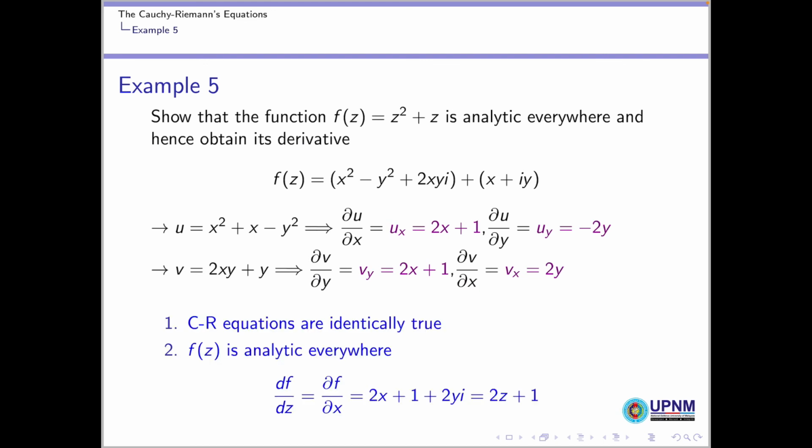So we can conclude that the CR equations are identically true, and hence f(z) is analytic everywhere. The first derivative of f(z) is, using u_x plus v_x i, 2z plus 1.